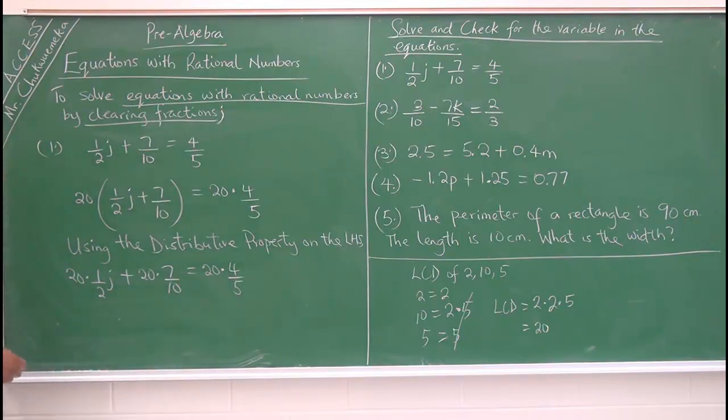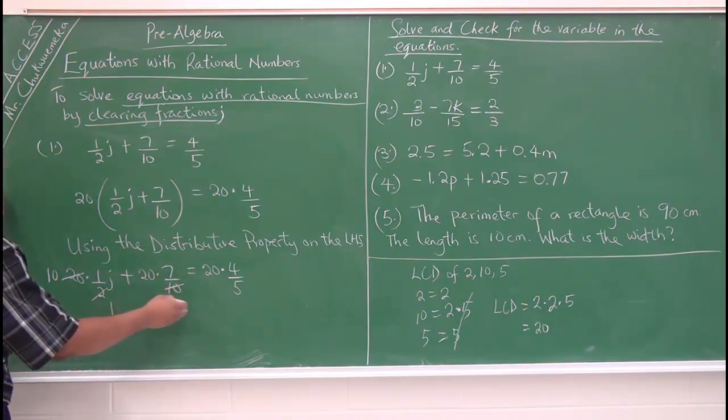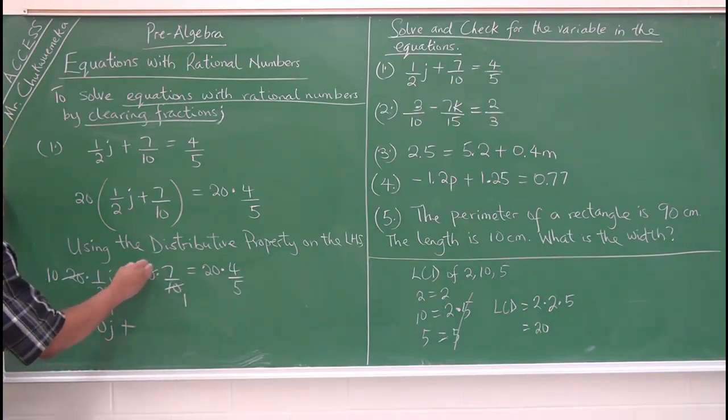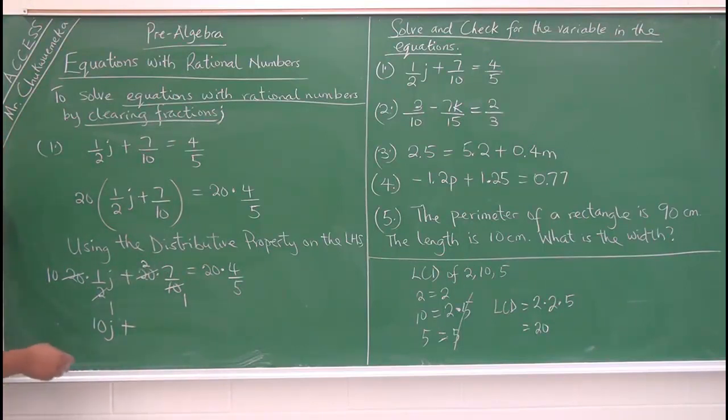So let's now divide. 2 will divide 2 to give you 1. 2 will divide 20 to give you 10. 10 times j is 10j. Plus, 10 will divide 10 to give you 1. 10 will divide 20 to give you 2. 2 times 7 is 14.